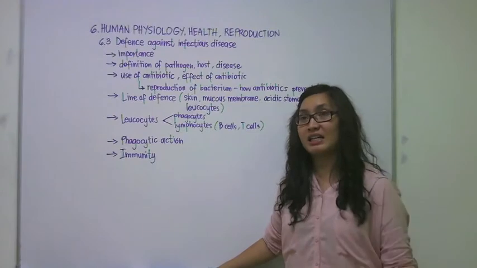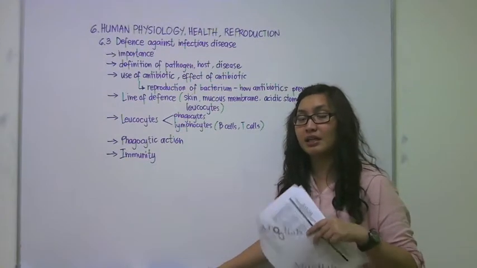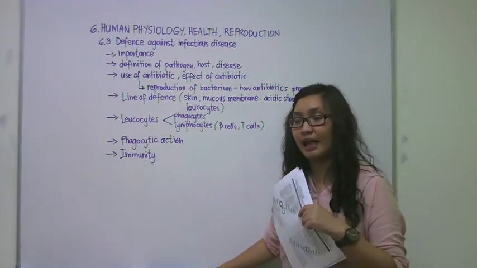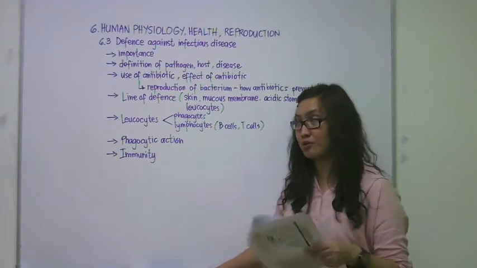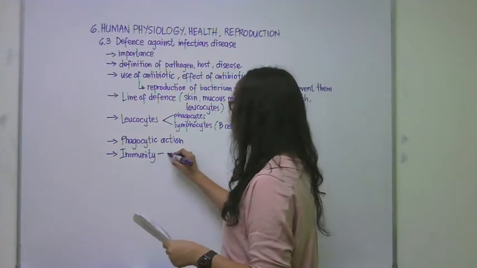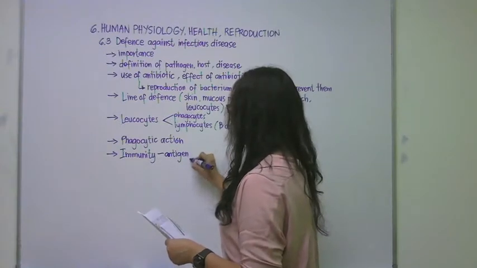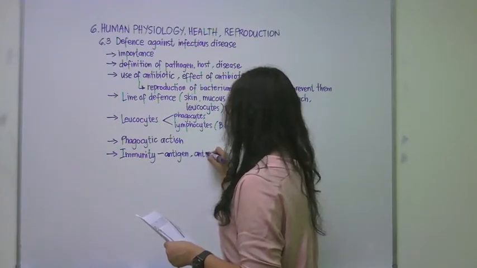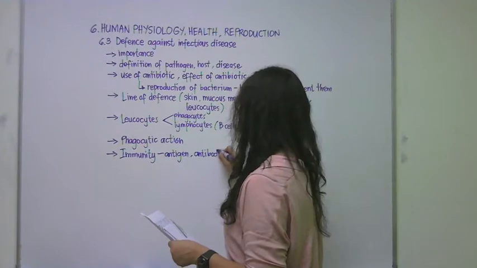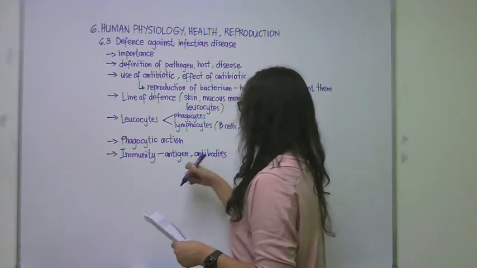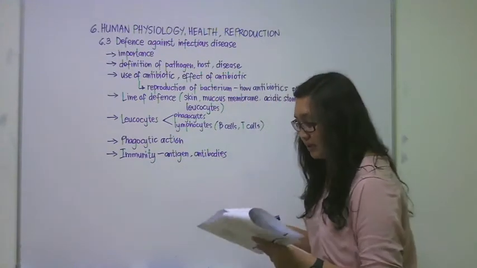Anything that can harm the body, therefore, necessitates antibodies being produced. Here we need to introduce the terms antigens and antibodies, and of course we need to differentiate the two for our students.